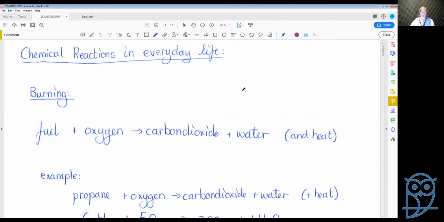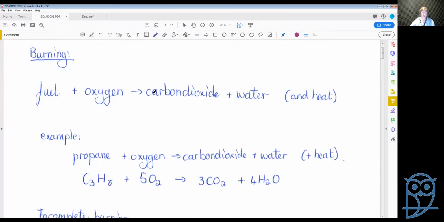So I'm going to start with burning. So if we are burning something, some kind of fuel, this could be a liquid fuel or a solid fuel, here's what happens.